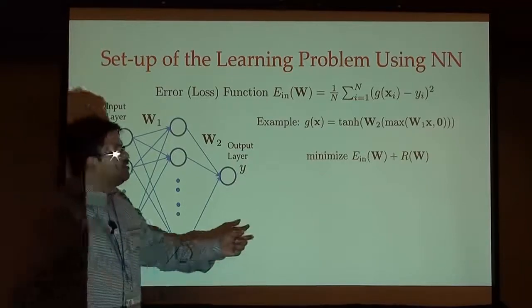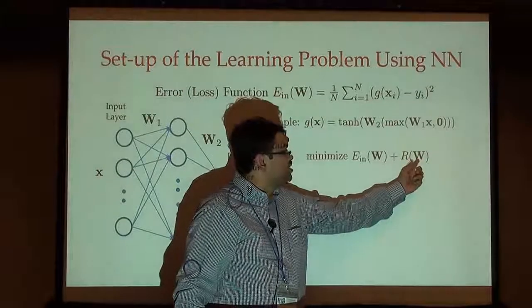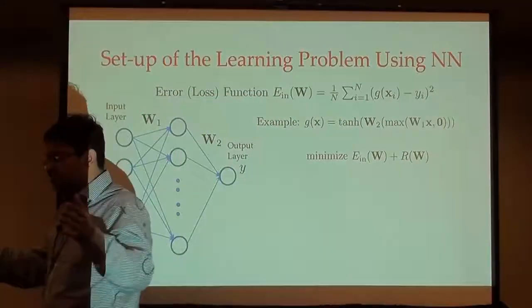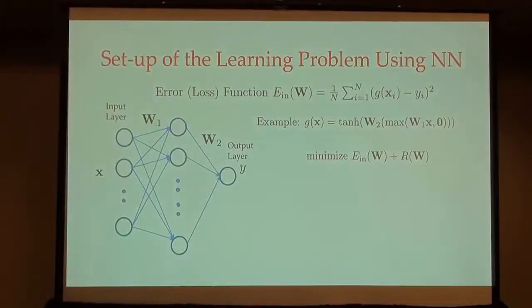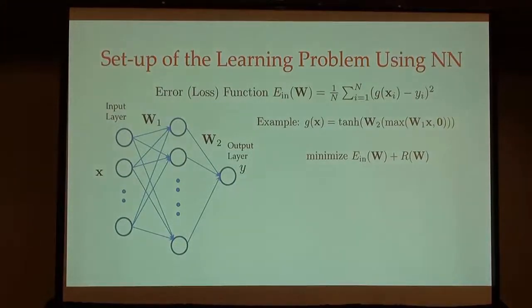So the regularizer essentially tries to do that. It puts a constraint on your weights so that the capacity of the model reduces. And all of this is hand waving. For linear regression, there is a particular formalization of regularization.